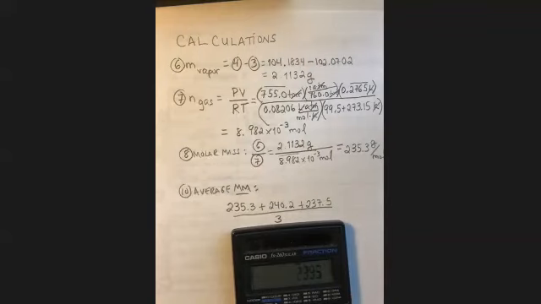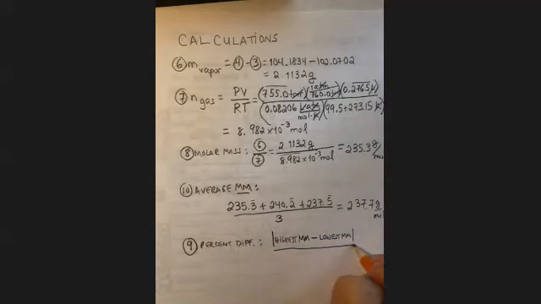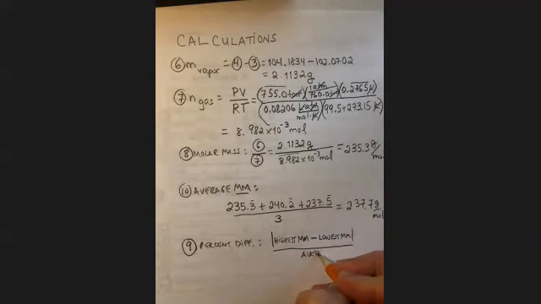Percent difference. How we're going to do it is we're going to consider the highest versus the lowest value. So this will be the absolute value of the highest molar mass minus the lowest molar mass divided by the average. And since it's going to be a percent, we're going to multiply that times 100%.